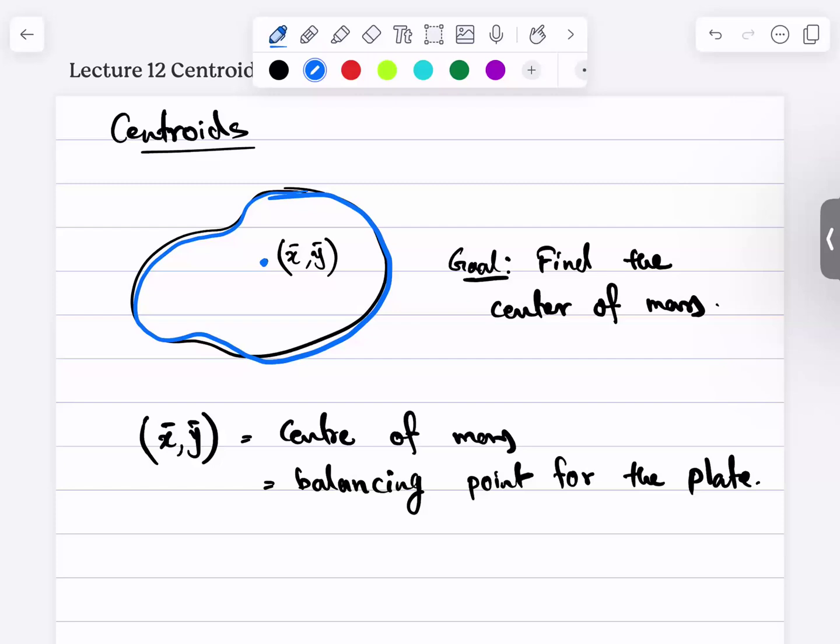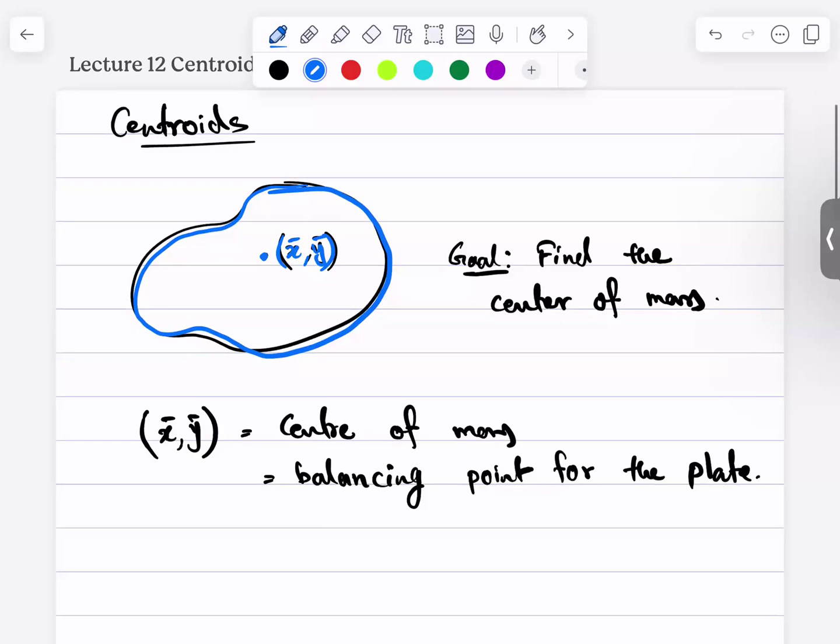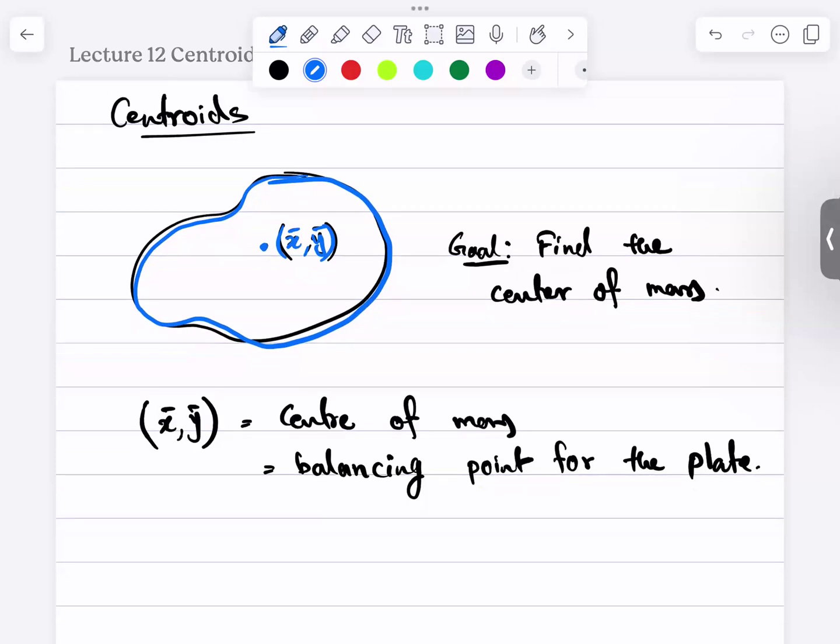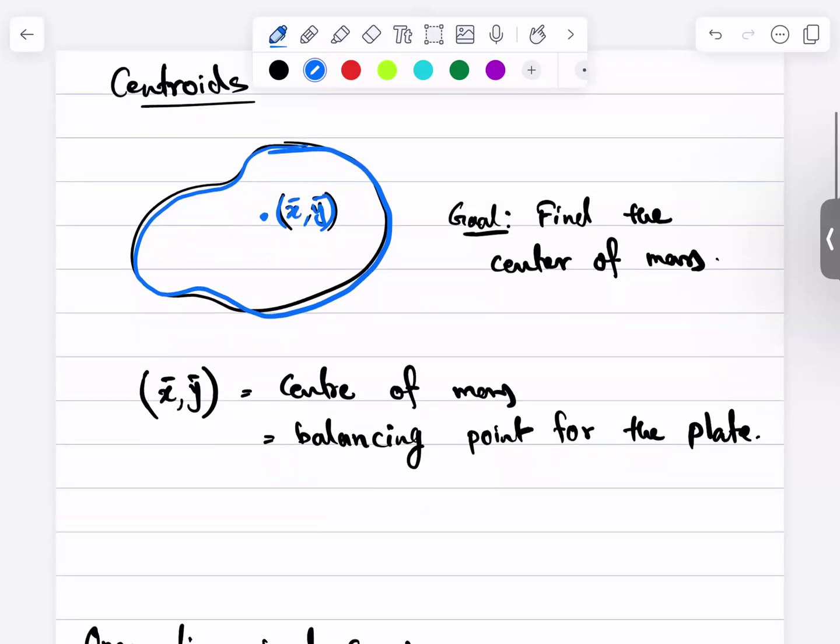We call that point, say x bar, y bar, the center of mass. If we put one pin at that point, then the plane should balance on that single pin. So that means through that point the mass is kind of acting. I guess this does make sense.